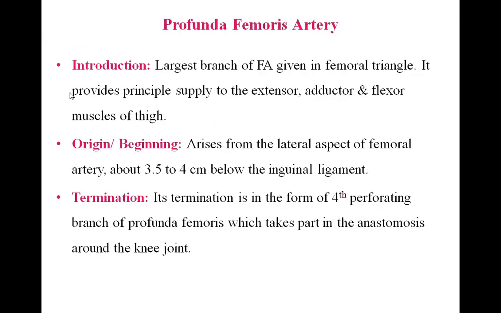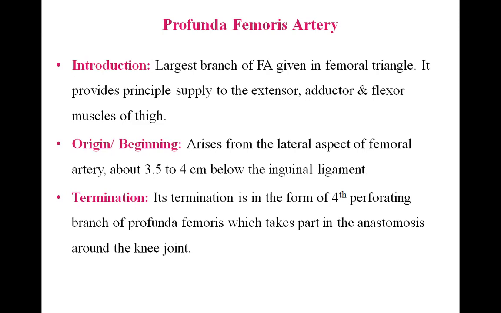Coming to the profunda femoris artery. It is the largest branch of the femoral artery. It is given in the femoral triangle. It provides the main supply to the extensors, adductors, and the flexor muscles of the thigh. It takes origin from the lateral aspect of the femoral artery, about 3.5 to 4 centimeter below the inguinal ligament.